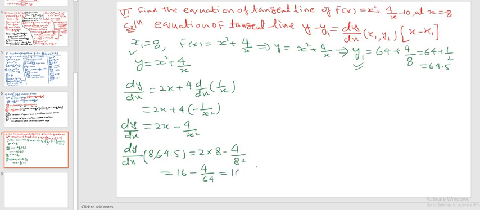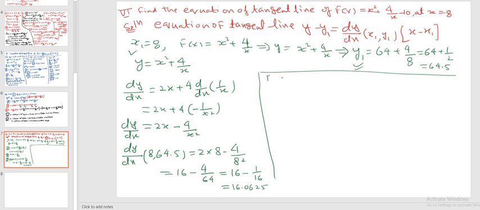So it comes 16 minus 1 divided by 16, so the total answer is 16.0625. So just replace that value and we will get the equation of tangent line.